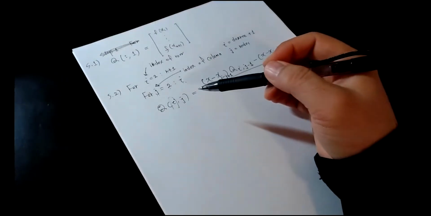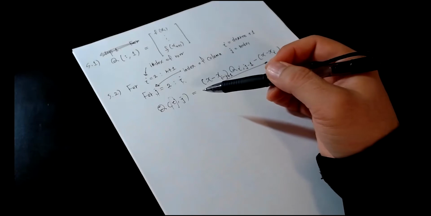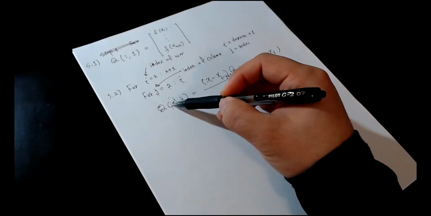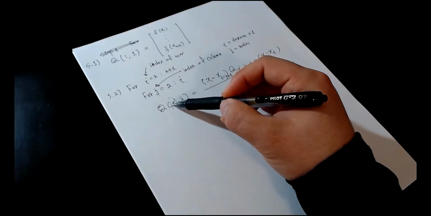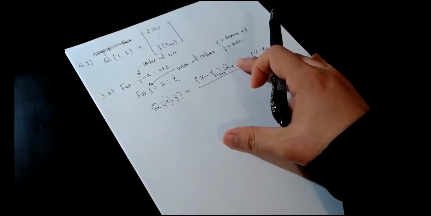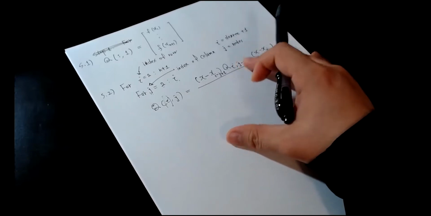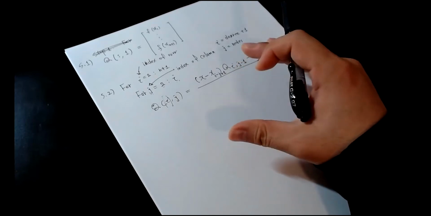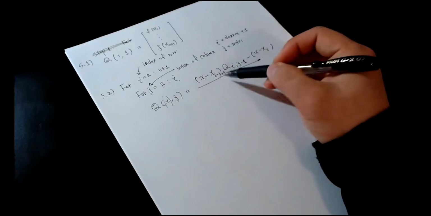That's why I'm going to subtract j from I. But keep in mind that in the pseudocode of this algorithm, we start from the sub-index 1, not 0. So we're adding 1.